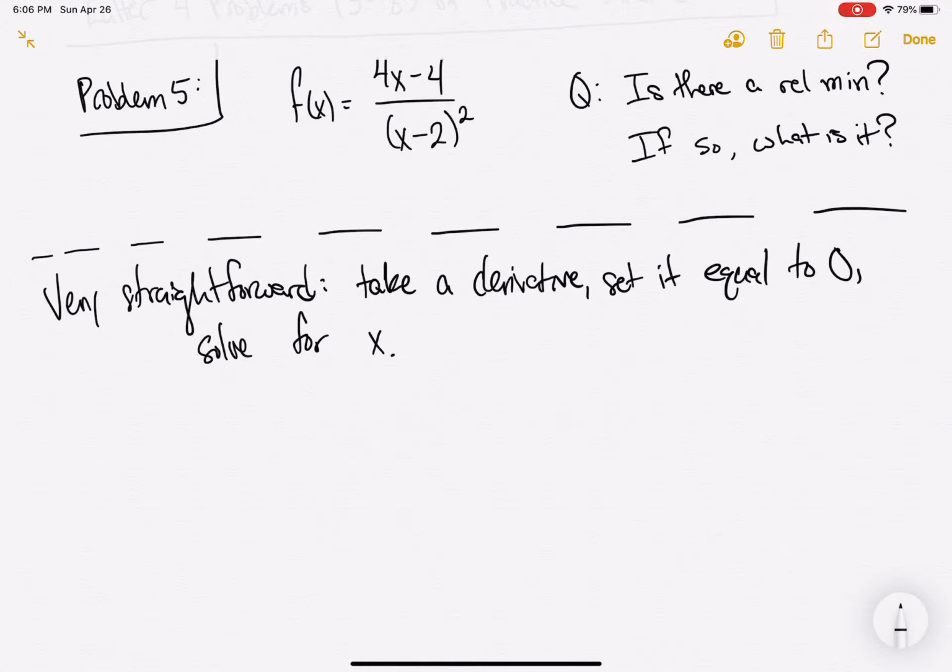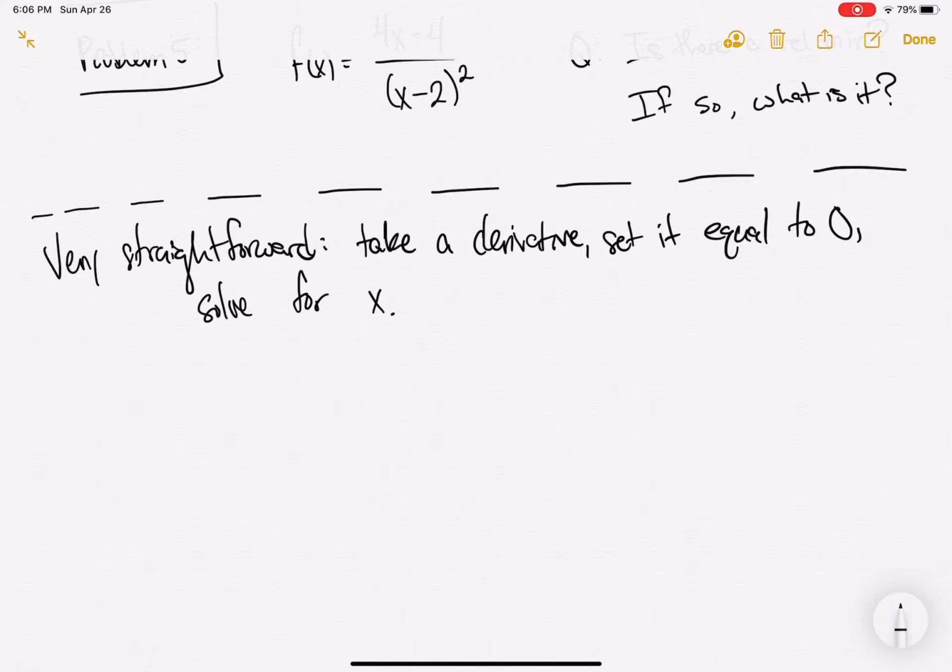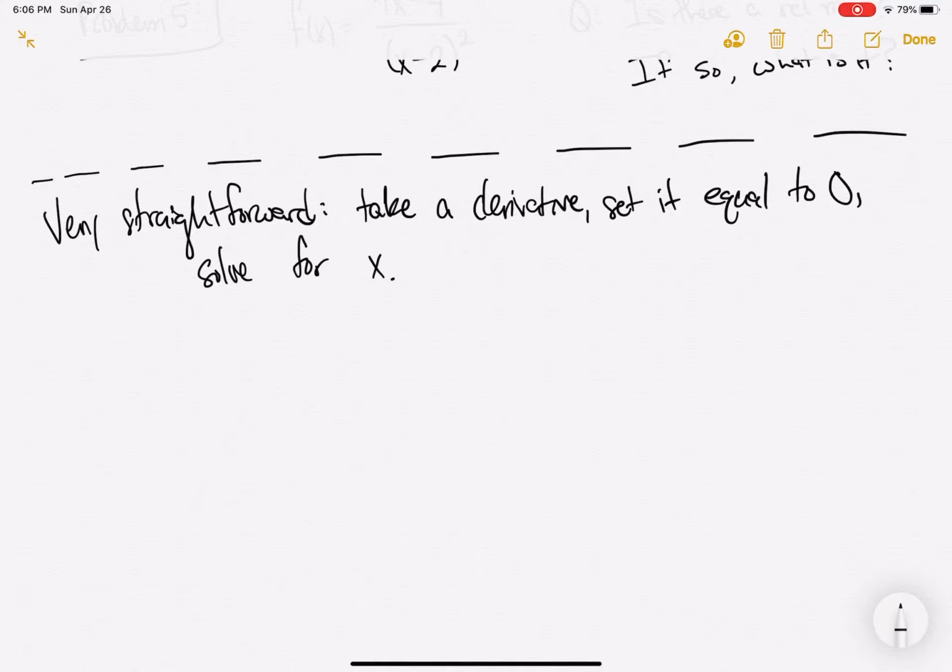It's a little bit more complicated than that though, right? You solve for x, then you must show it is a relative min by second derivative test.